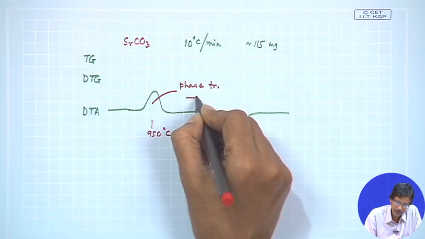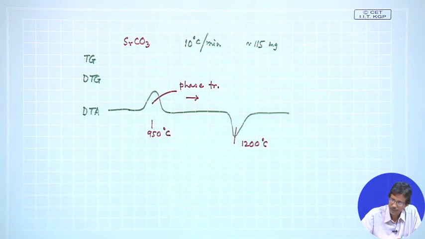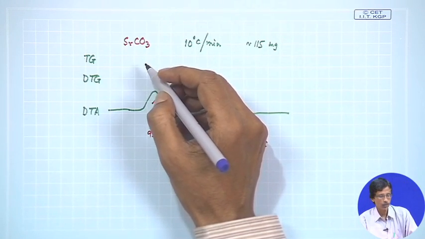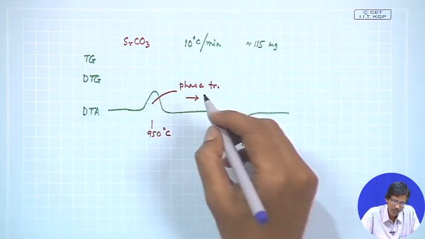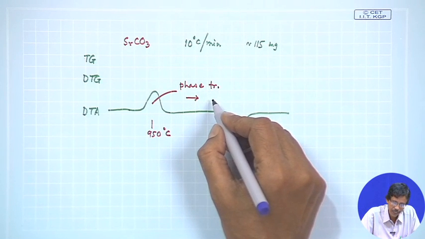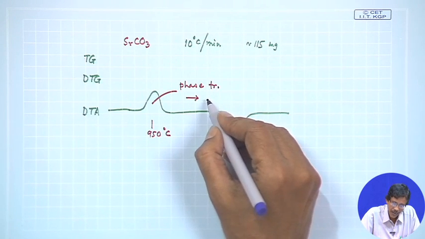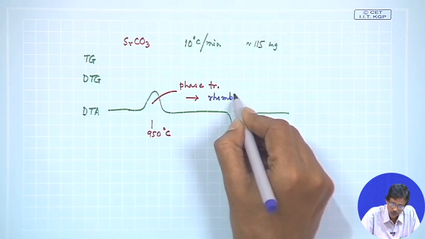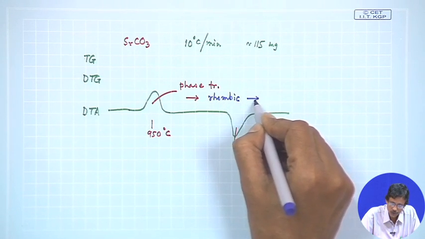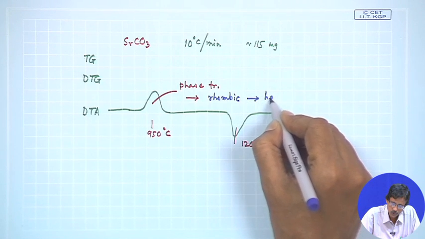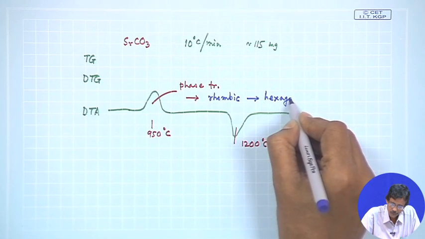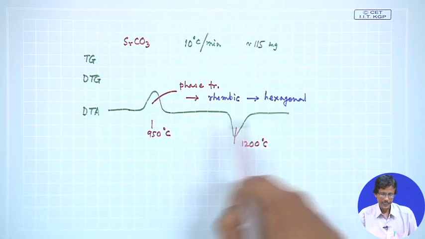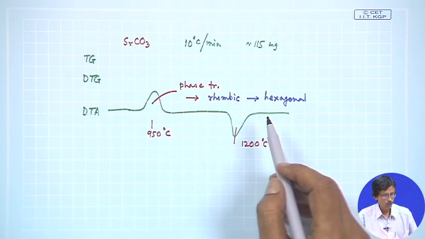We all know that a phase transition is an exothermic process, and in this particular case even strontium carbonate can show the phase transition behavior, which is exothermic in nature and is due to the change of form from rhombic to hexagonal.